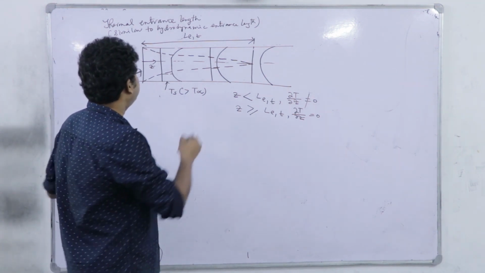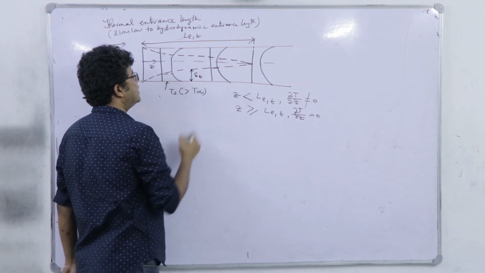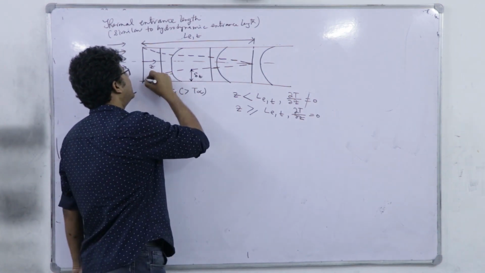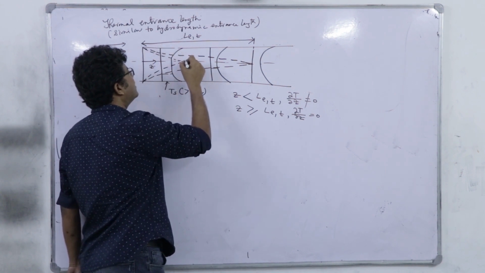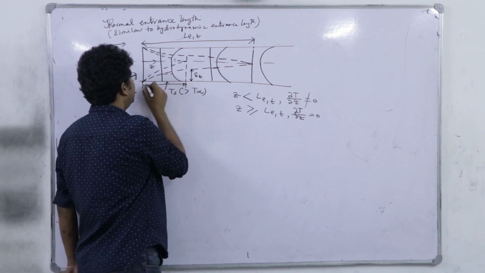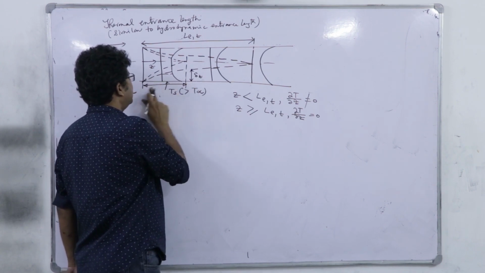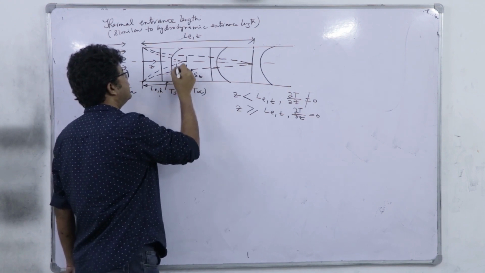Now, you see that at any point we have delta T. Similarly, we can have the hydrodynamic boundary layer, right, and let us say this is LEH, and this is delta.